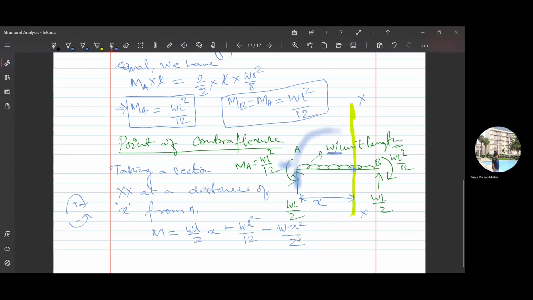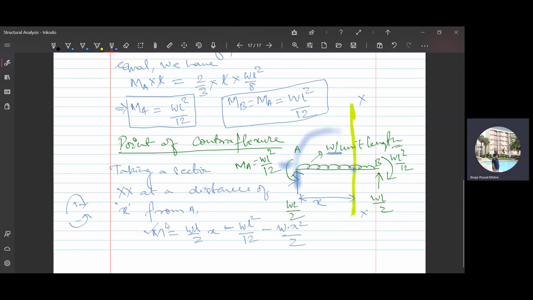Okay, so this is the moment. And if we equate this moment equal to 0, what will we get? We will get the value of x.